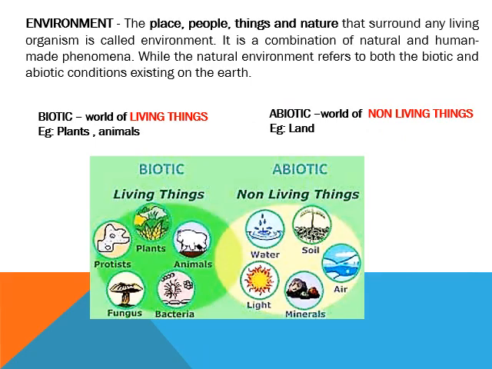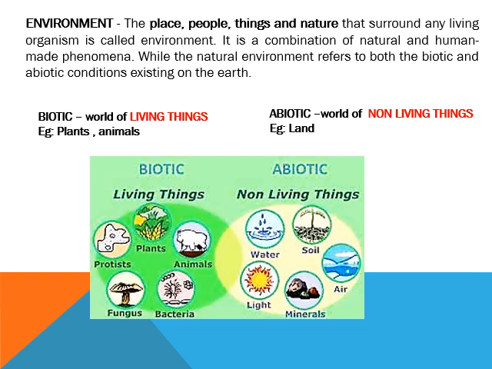So, environment is the place, people, things, and nature that surround any living organism. It is a combination of natural and human-made phenomena, while the natural environment refers to both biotic and abiotic conditions existing on the earth.